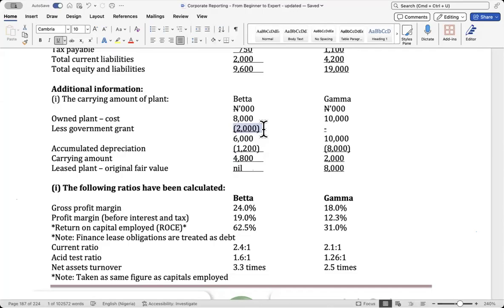So that gave him an advantage. But because Gamma has huge assets, it worked against him when we put it against profits like that. So you could speak on that, then you move on from there.